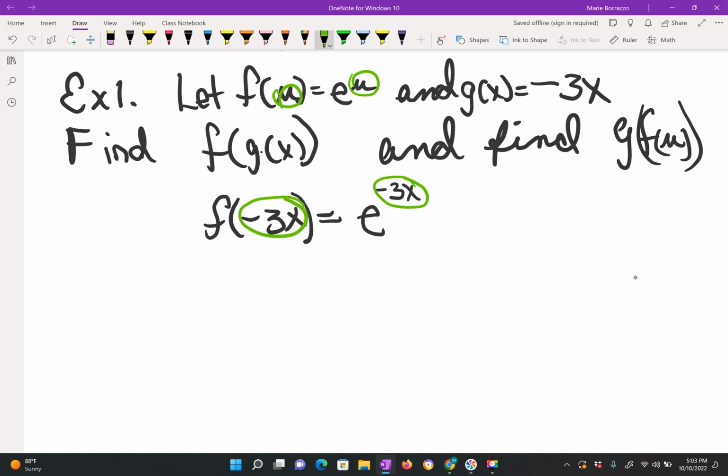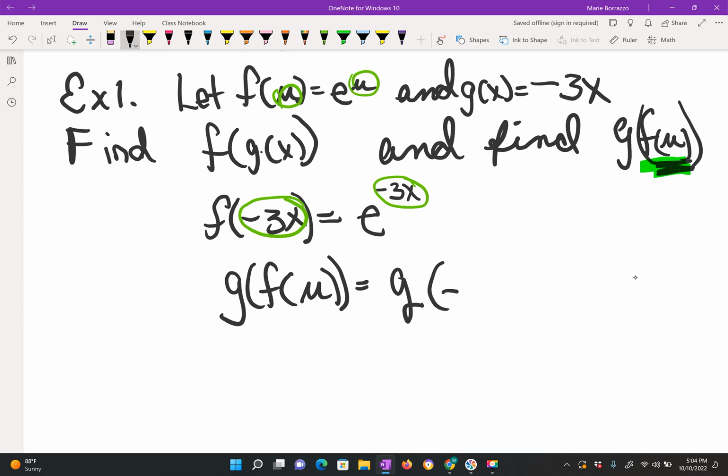They also asked us to find g of f of u, which becomes g of e to the u power, equivalent to negative e to the u.